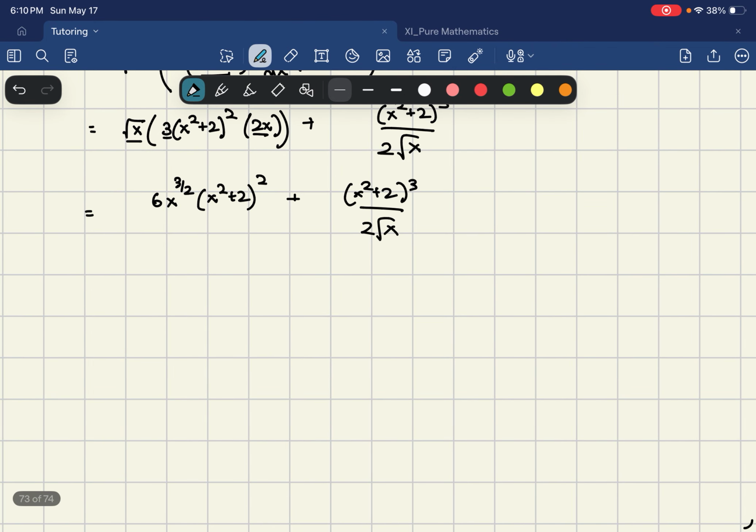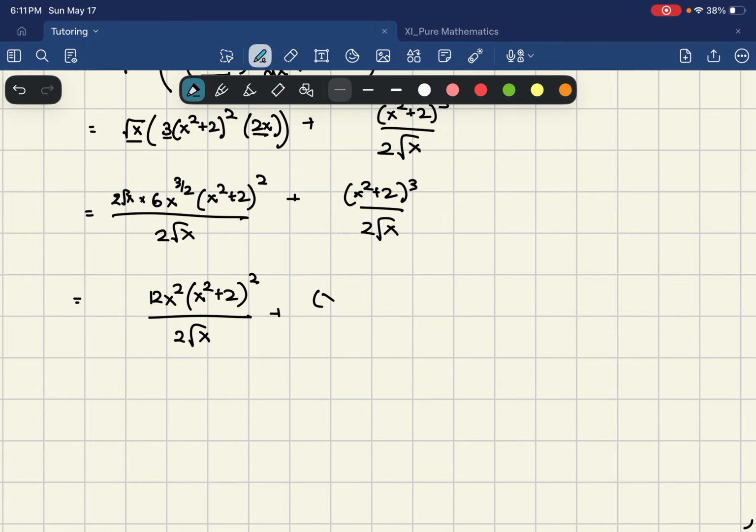Alright. So now I multiply and I divide by 2 root x, so I get the same denominator. I'm going to get the expression 12x (x squared plus 2) squared divided by 2 root x plus (x squared plus 2) cubed divided by 2 root x.